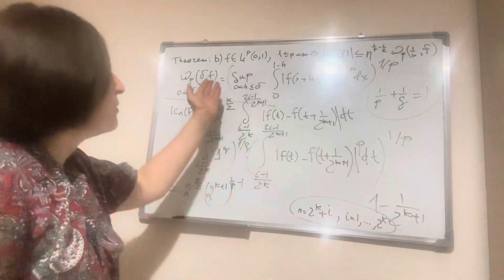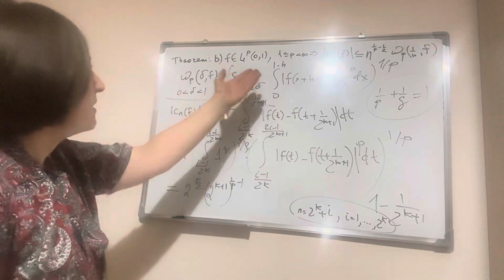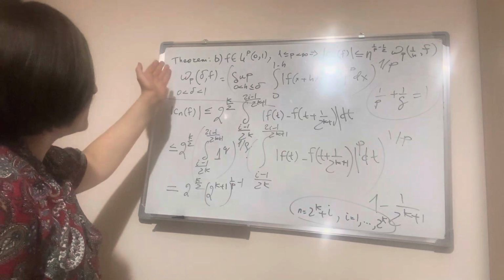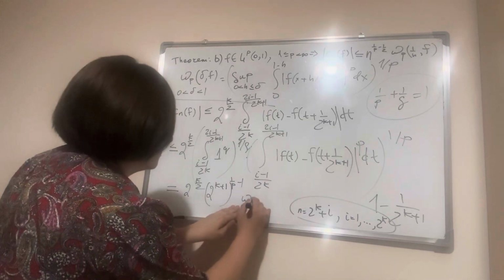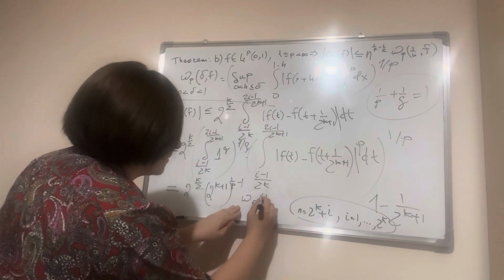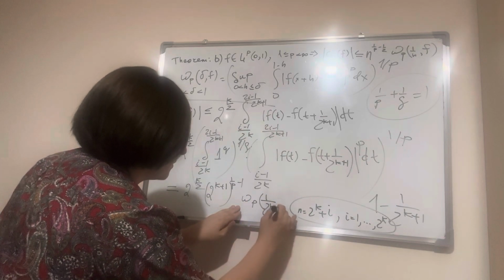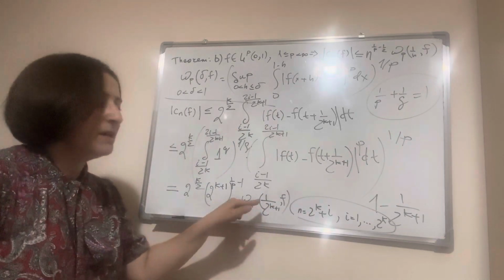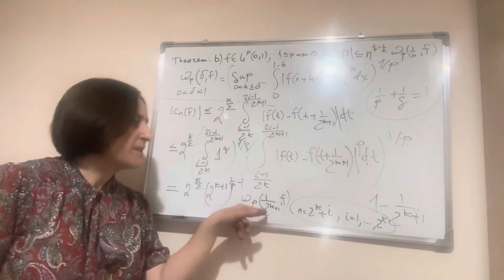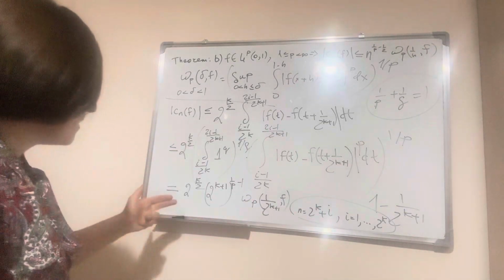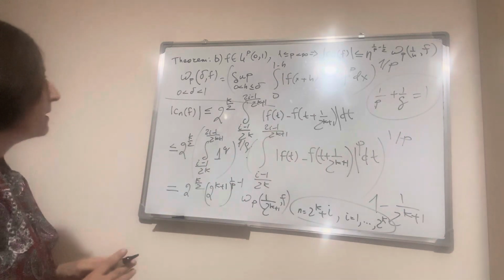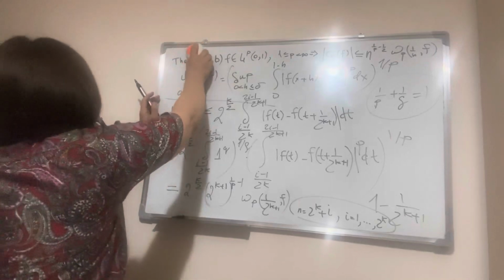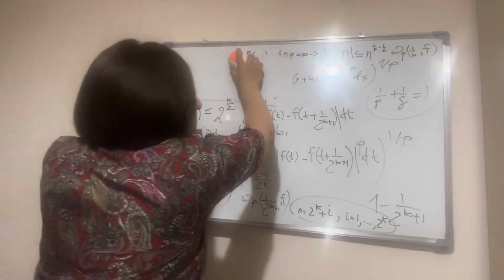The largest value for the upper bound of the integral is 1 minus 1 over 2^(k+1). Therefore, we can use this estimation with the help of this omega p and get omega p (1 over 2^(k+1), f) here. Now let's simplify a bit this factor. We don't need the formulation anymore, in fact.